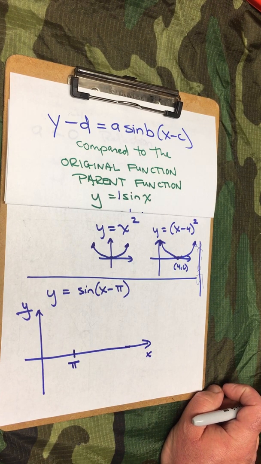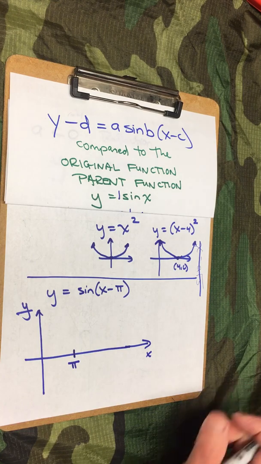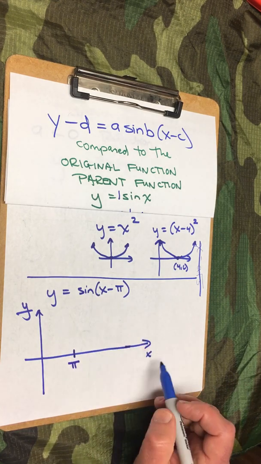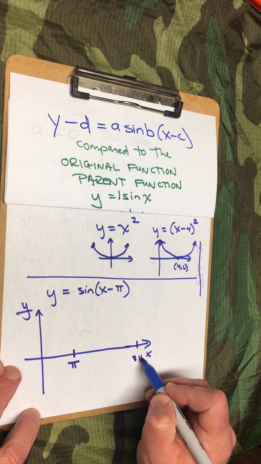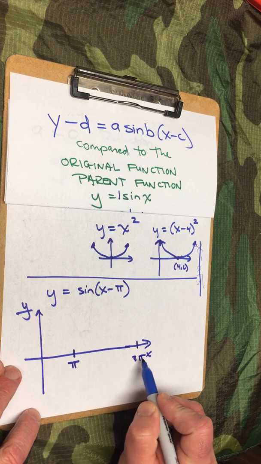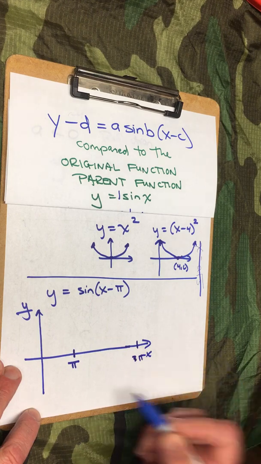What's the length of a cycle? Teammates, the length of a cycle is 2 pi radians. Again, how do I know that? From another video and some more learning that we're doing. I know that because the b value is equal to 1. So teammates, I'm going to call this 3 pi. Again, I've got my length of a cycle, right? 2 pi, right? 3 pi minus pi gives me 2 pi.